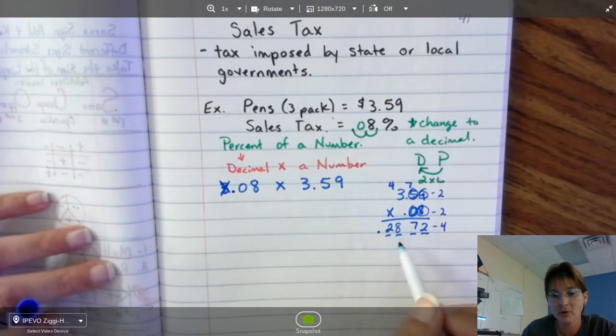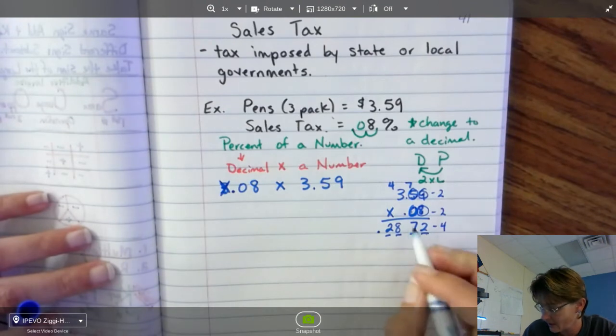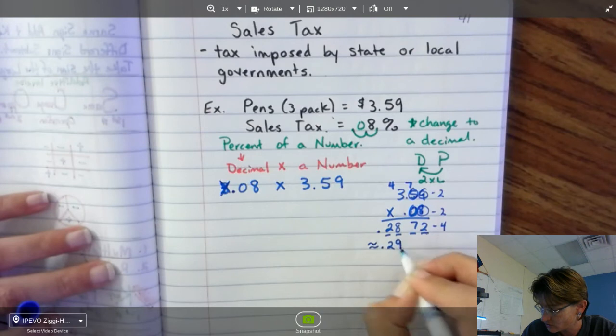When we're dealing with money, we round to the nearest cent. The nearest cent is the 1 cent place, which is your hundredths place value. 5 or more raise the score, so 7 is higher than 5, so we're going to raise this to 29. So we're approximating this to 0.29.